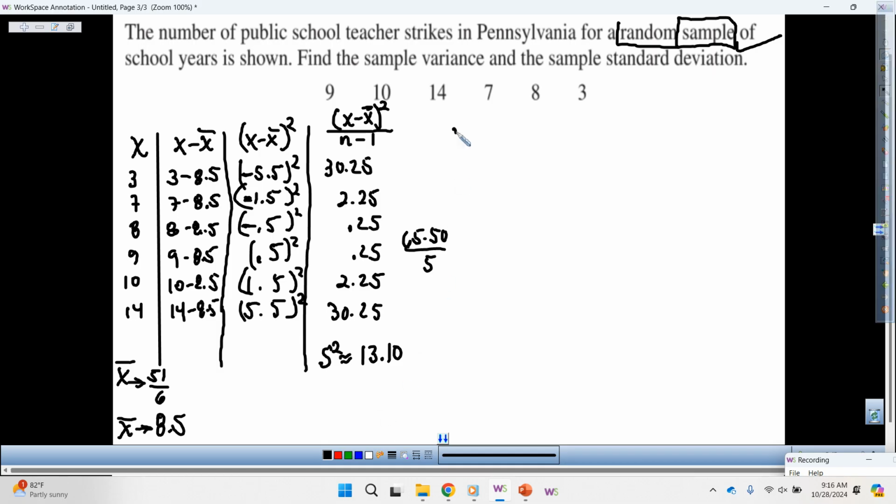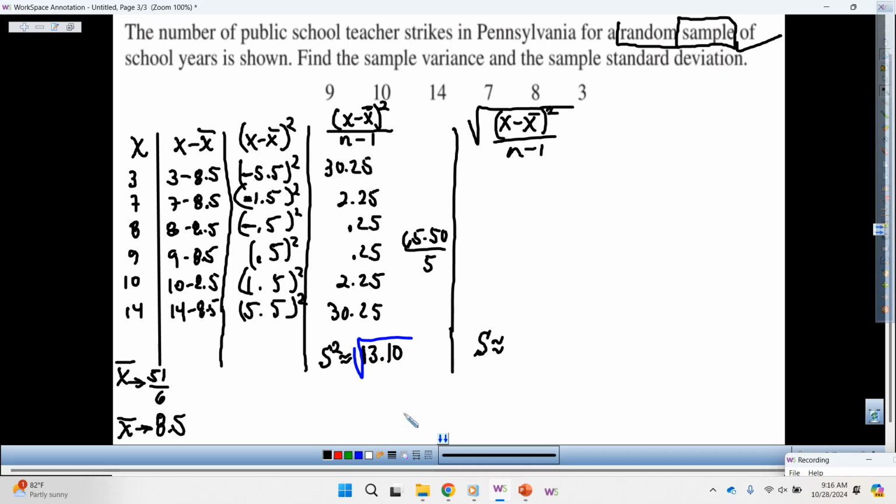And what is left, everyone? What's our last step? We need the standard deviation for the sample, which means we take all this and do the square root. So, square root of 13.10.